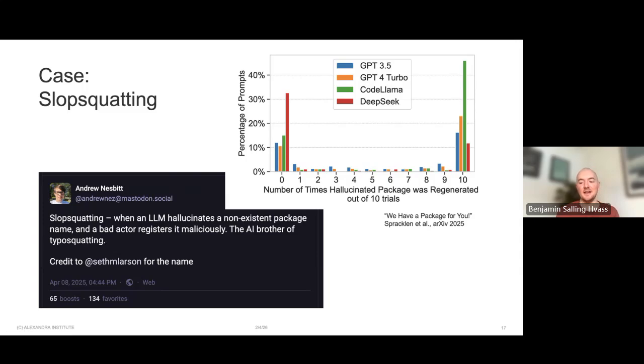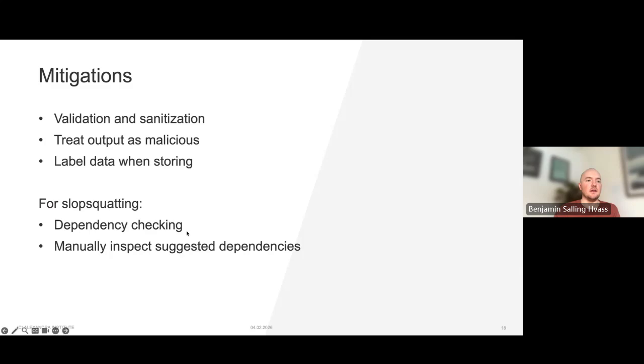So they could find some name that they could then squat on and implement some kind of malicious code. In relation to improper output handling, the problem was, of course, just using these packages without checking that they were actually non-malicious.